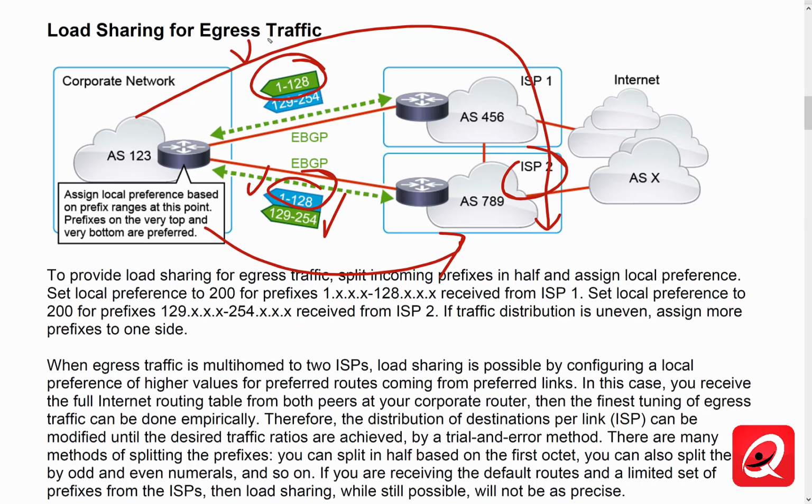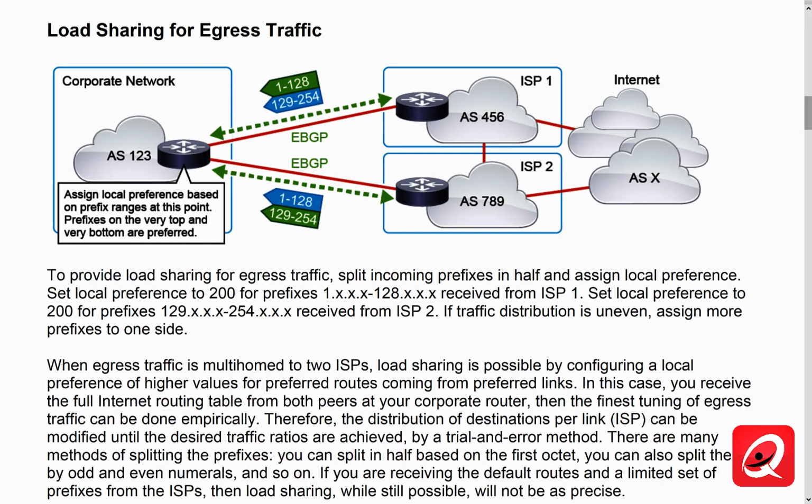And that's the whole point of BGP. BGP is a path vector protocol. It uses path vector attributes to make routing decisions, okay? And we have the option of influencing how those routing decisions are made based on manipulating those particular attributes, okay?